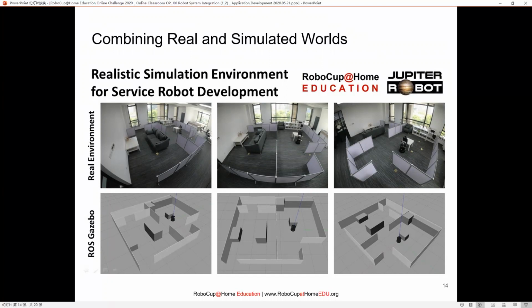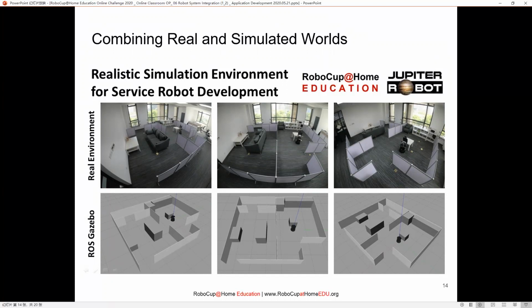It is similar to the one that I explained in the previous class, that you can develop in a simulated environment, which is Gazebo, with the model provided by Jupyter Robots. So you can develop your robots to move around this environment, and then you can add, for example, speech recognition and also visual perception in the real world.